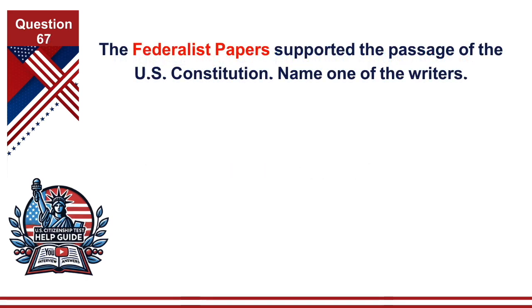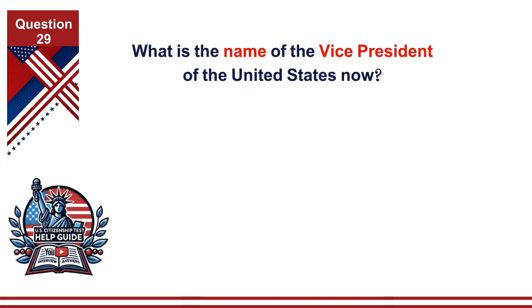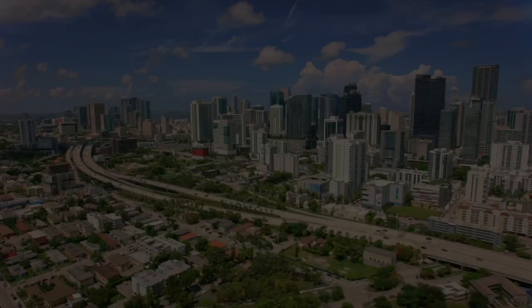The Federalist Papers supported the passage of the U.S. Constitution. Name one of the writers. James Madison. What is the name of the Vice President of the United States now?